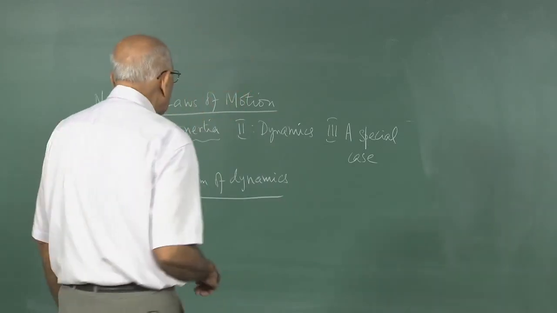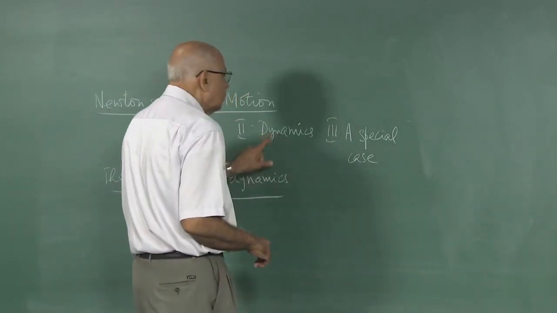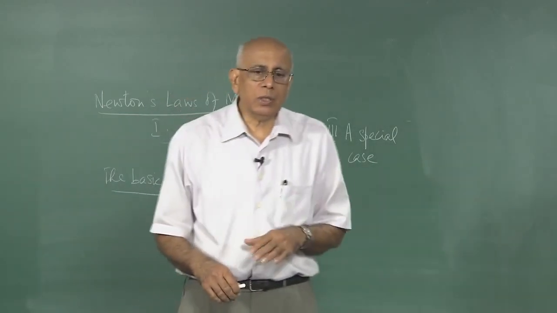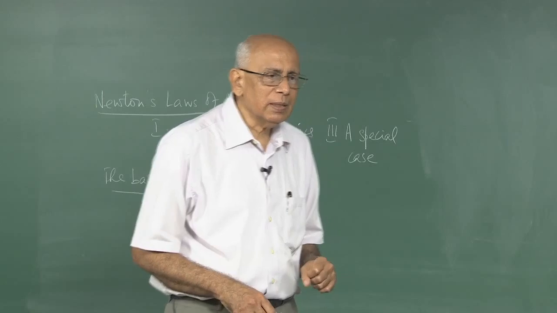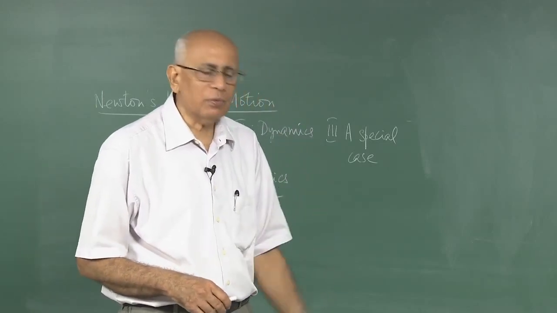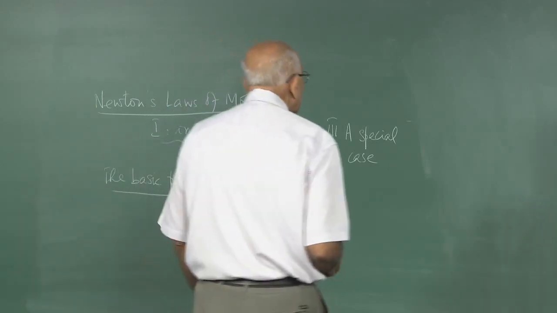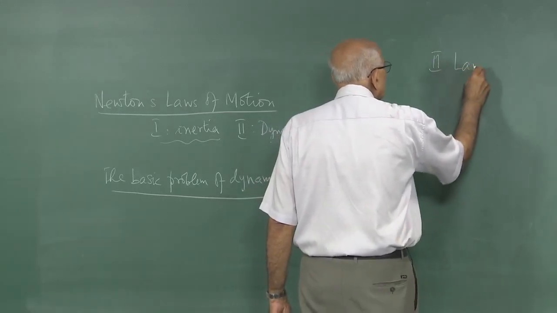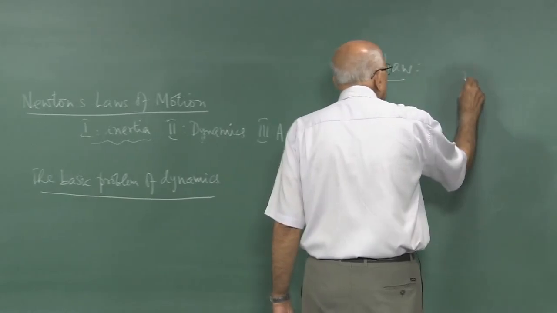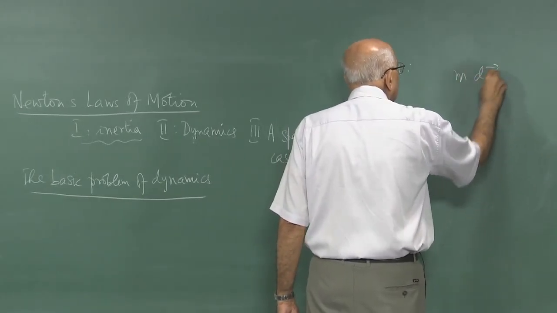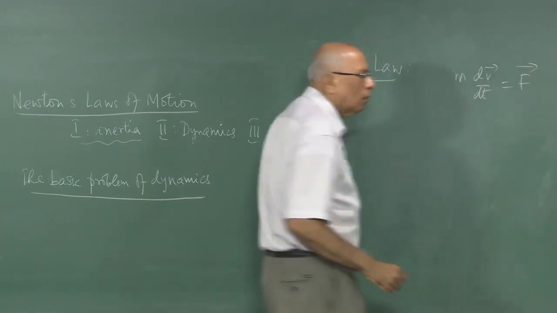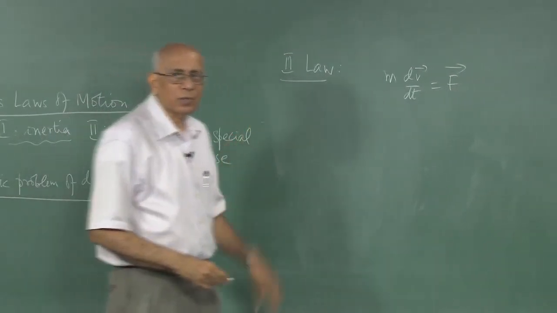Okay. The second law says something about the way a system responds to an external force. So in some sense it is the very definition of force, if you like. What it says is that the mass times the acceleration of a body is equal to the force applied on this body, the instantaneous force applied on this body.